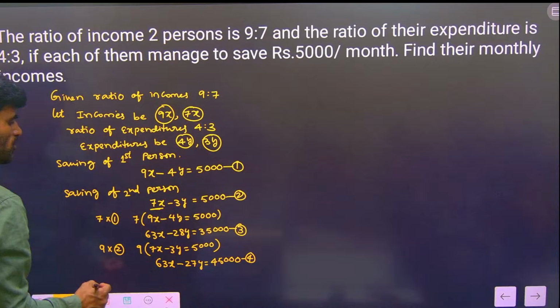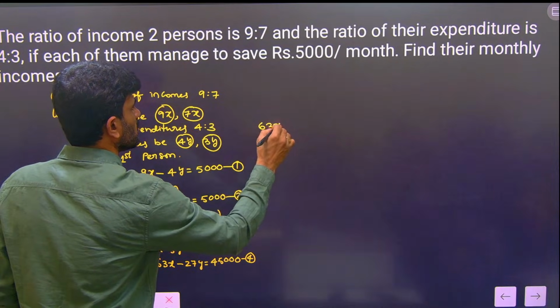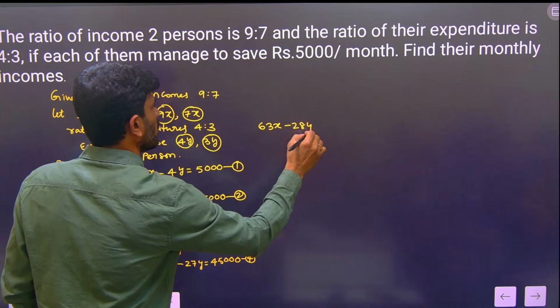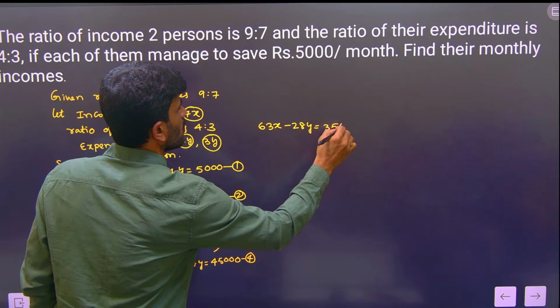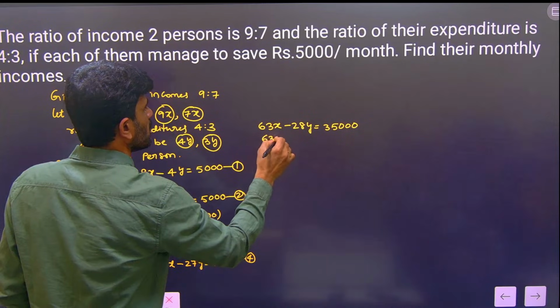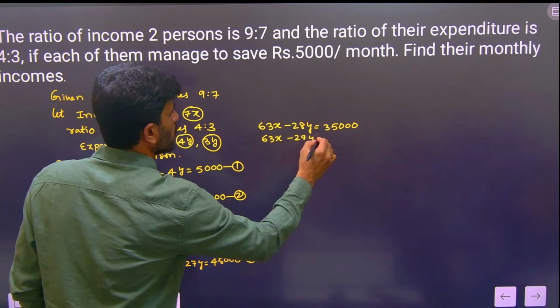So which two equations do we have to simplify? 3 and 4. So 63x minus 28y is equal to 35,000. Another equation, 63x minus 27y is equal to 45,000.